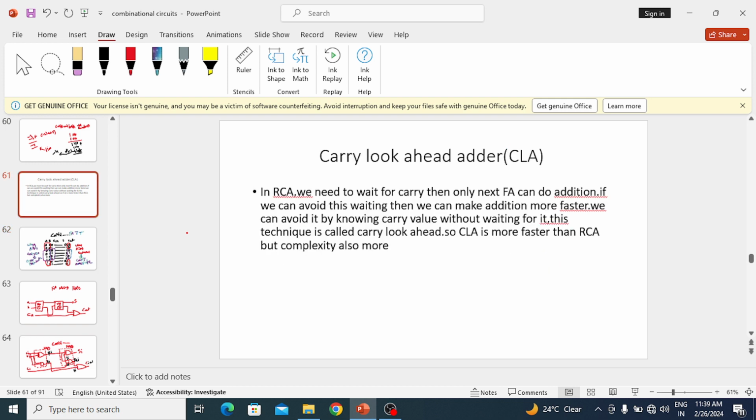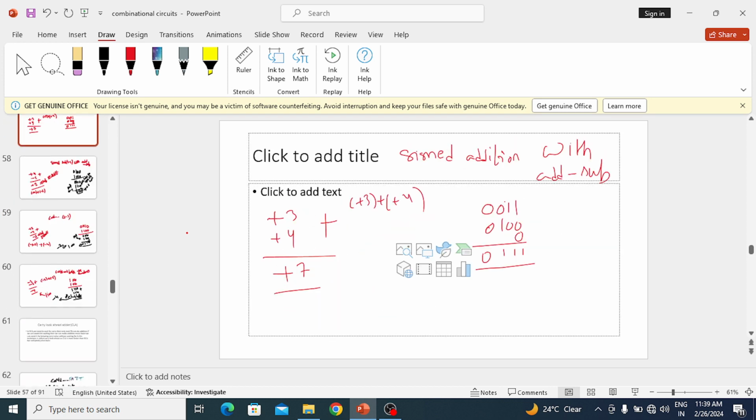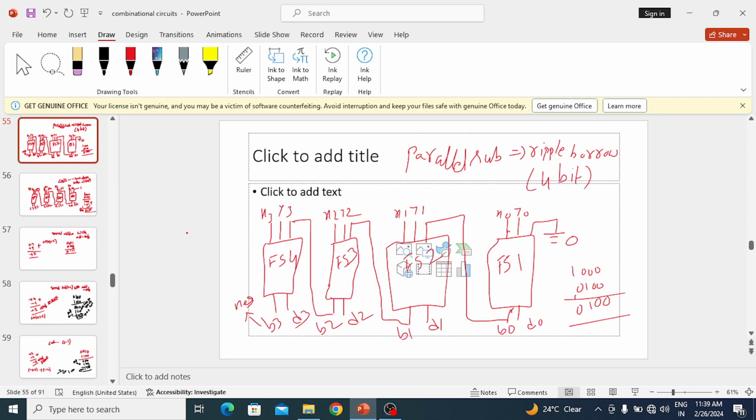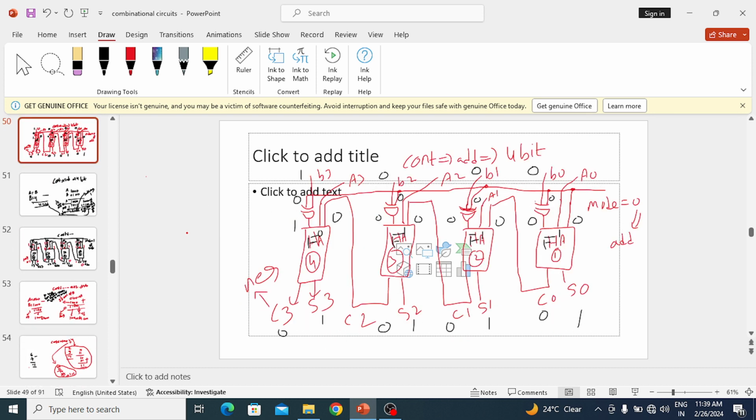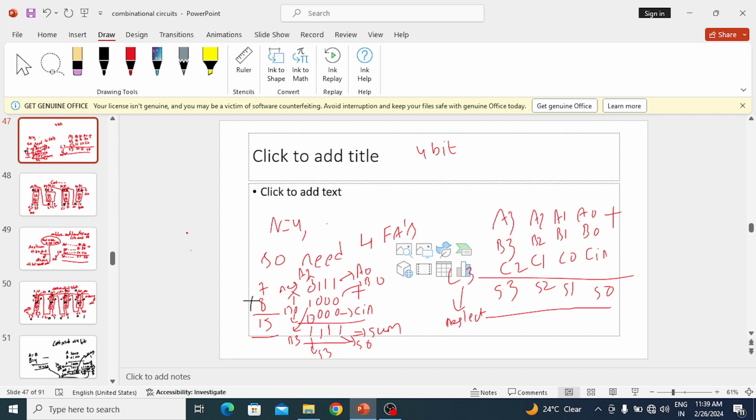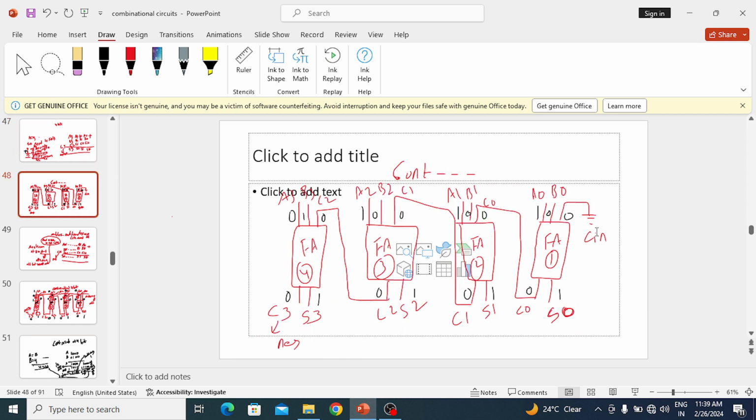How it is useful, I will tell you. Suppose this is a ripple carry adder, this is C out, this is C in. Initially I am assuming I know my C in value. To do this addition, we need to know C out also, C naught. So how to know C naught?